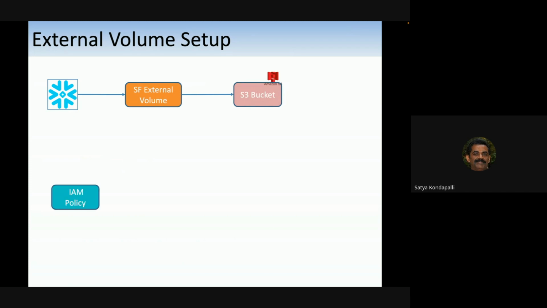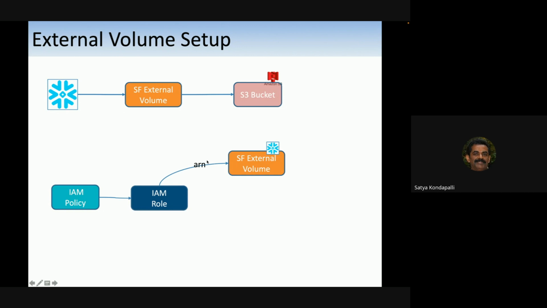The first thing is you go to AWS and create a policy, that means who can access this S3 bucket, and then what the roles are, such as a read role. There are requirements when you want to do an Iceberg table. Snowflake provides what kind of actions the IAM policy and IAM roles need. Then we create an external volume in Snowflake and integrate your AWS role with the external volume using the ARN.